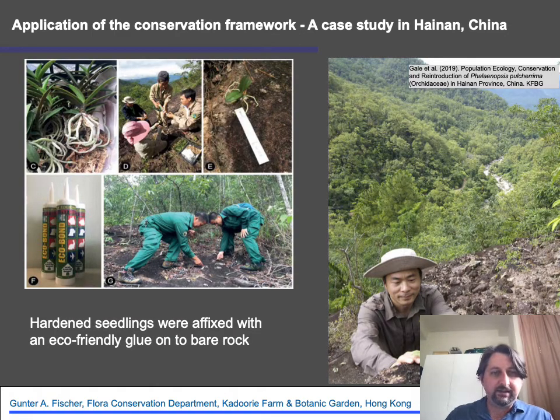So the hardened seedlings were taken out of the pots, and then we fixed them with an eco-friendly glue on bare rock. This was done by Kadoorie Farm and Botanic Garden staff, but we also had a lot of help from the nature reserve. Their staff helped us plant out hundreds of Doritis or Phalaenopsis pulcherrima seedlings.